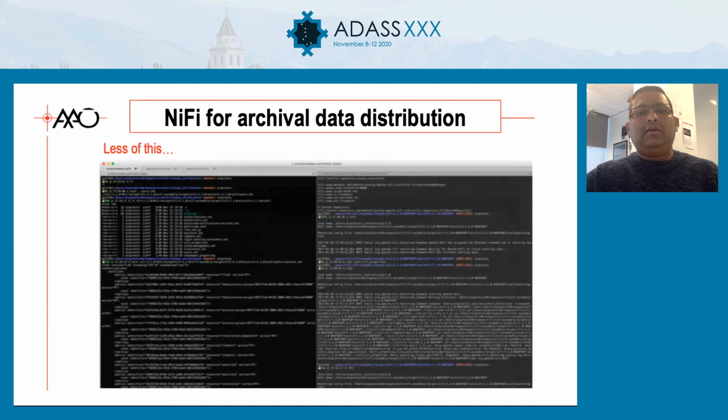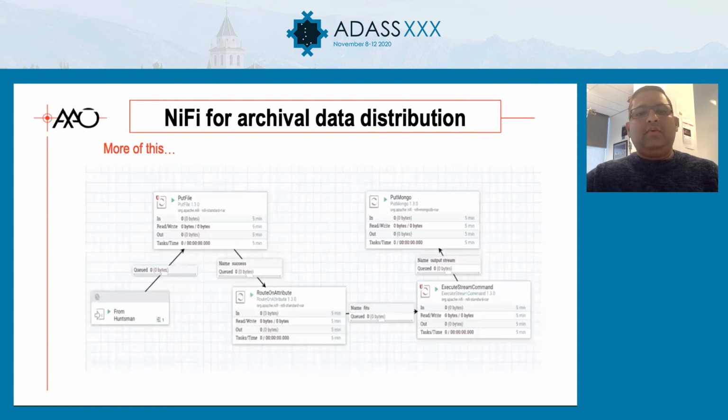So finally, as you just saw, when it comes to archival data transfer and processing, it boils down to whether we want to do all these system administration tasks ourselves and create scripts and maintain them ourselves, or just do less of that and more of this. That is what we are good at, looking at creating data flows and managing where data should go.